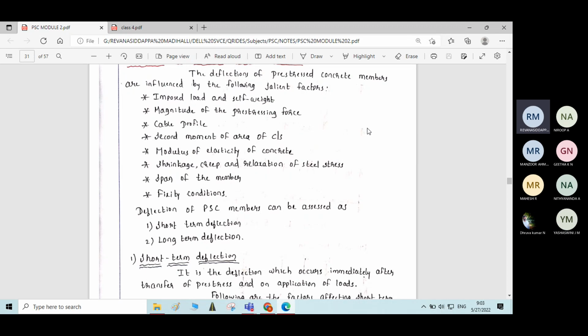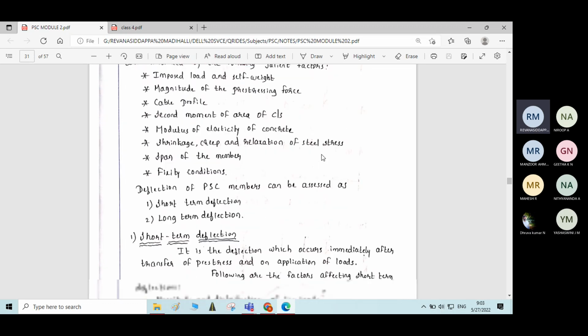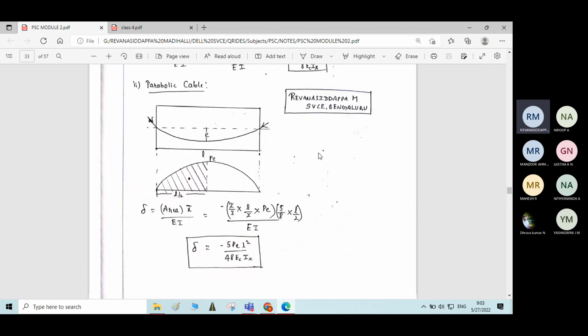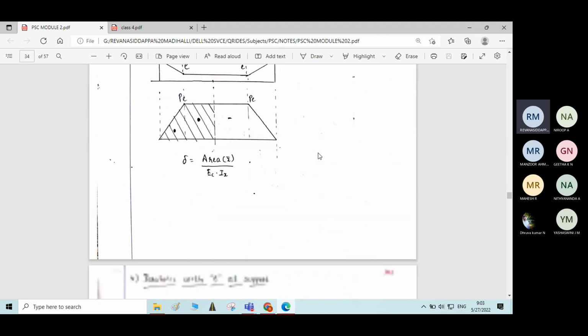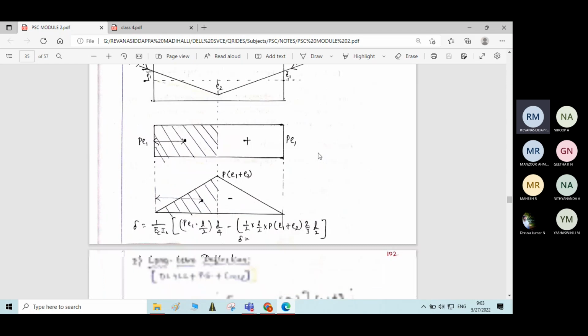Then the magnitude of the pre-stressing force. The deflection also depends upon the magnitude of the pre-stressing force applied. If the magnitude of the pre-stressing force is higher, then the deflection of the beam is lower. It is vice versa with respect to pre-stressing force.